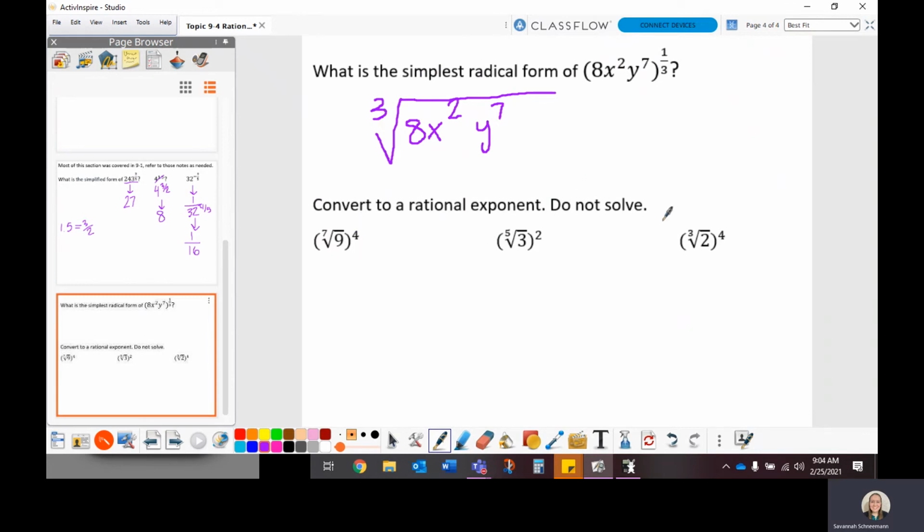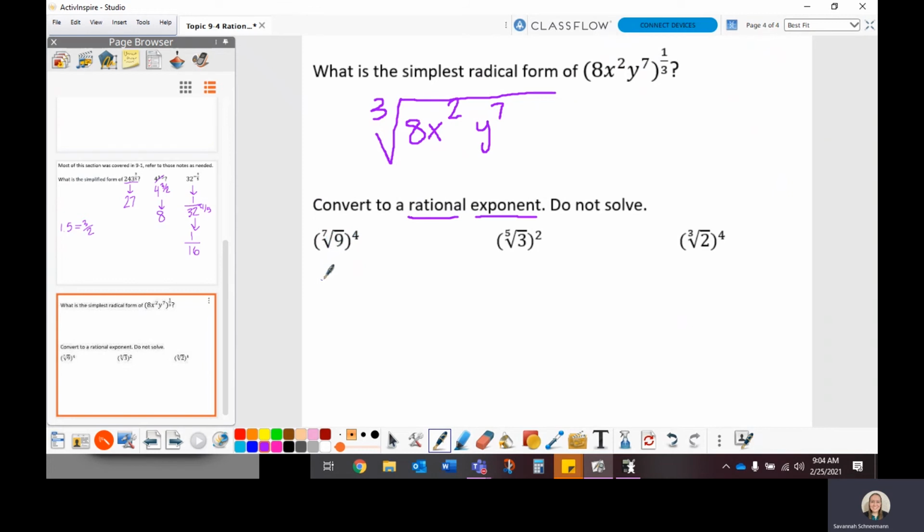Okay. Now we're going to take each of these and convert to a rational exponent. We are not going to solve these. We are just going to simplify them. First, before we deal with the power on the outside, we are going to simplify the radical on the inside.